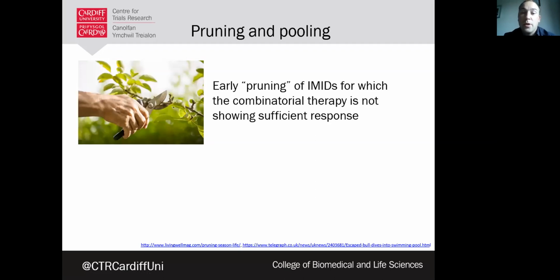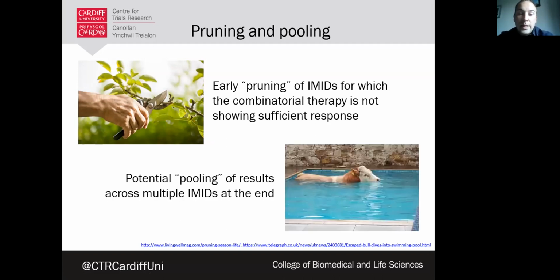So we prune IMIDs for which the new therapy doesn't show sufficient response, and therefore focus on those where there's more promise. And another thing we can do at the end of the study is pooling the results so that we don't just analyze whether the new therapy has an effect within each disease, but also across each disease.